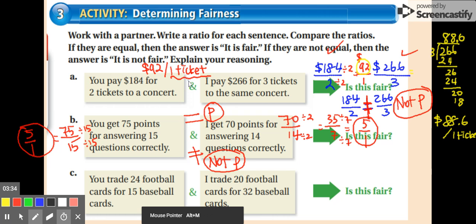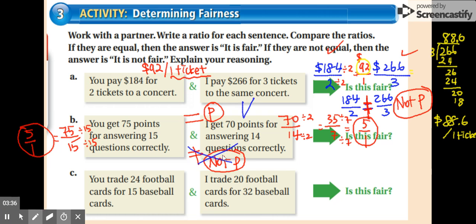It is going to be proportional, so it is a proportion. So now I can say 75 to 15 and 70 to 14 form a proportion, or they are proportional. The points and the number of questions are proportional, the total points and the number of questions.